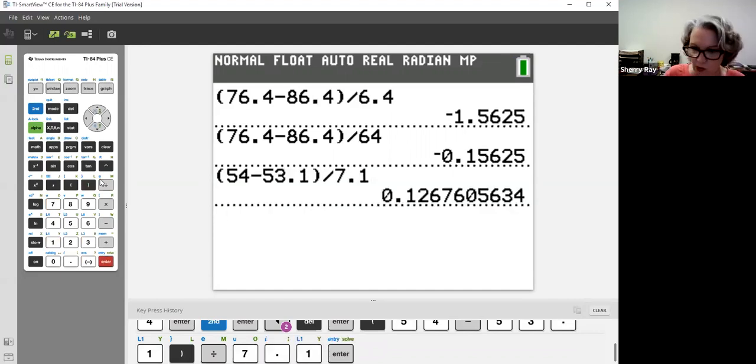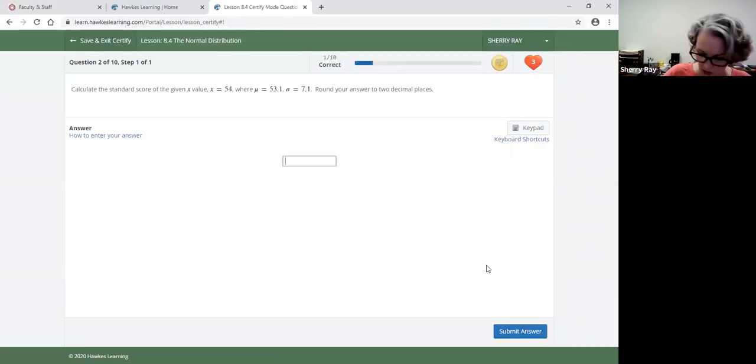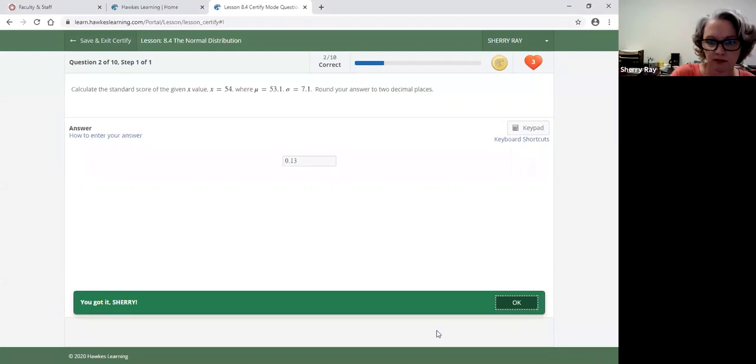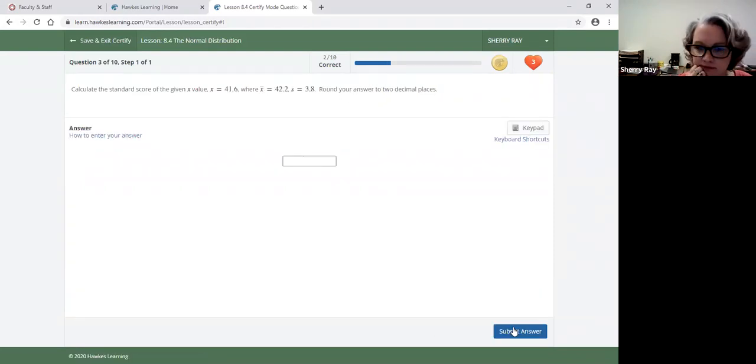I have 0.12676, or 0.13 if it wants it rounded off to two decimal places. Okay, got 2 out of 10.